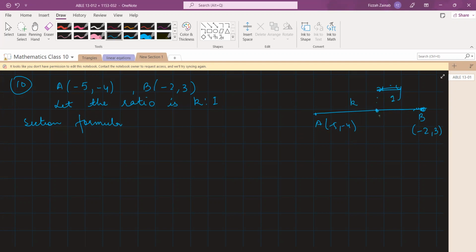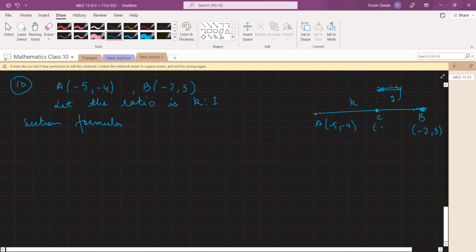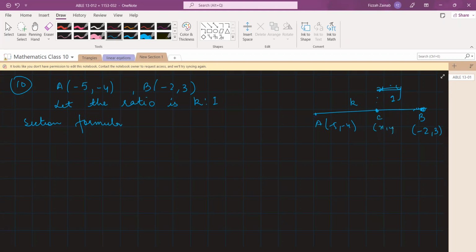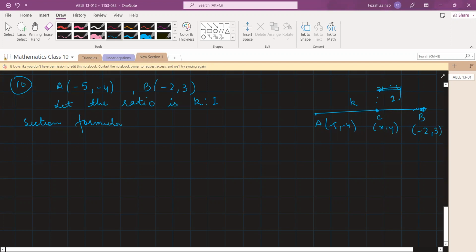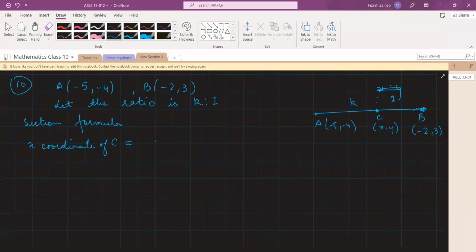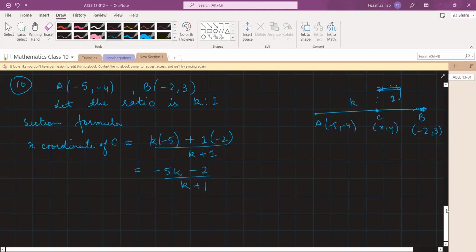And you have to find the coordinates of this point C, which I call X and Y. So the x coordinate of C is equal to k into -5 plus 1 into -2, divided by k plus 1. So this is (-5k - 2) divided by (k + 1), right?